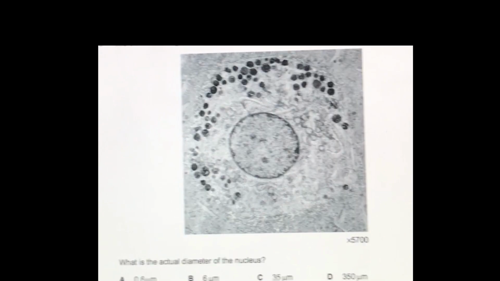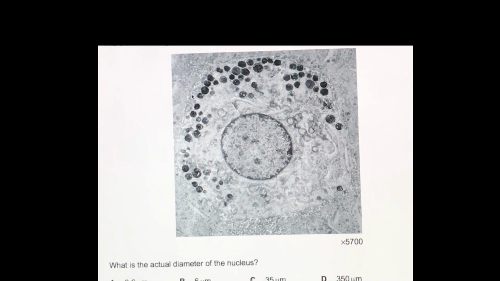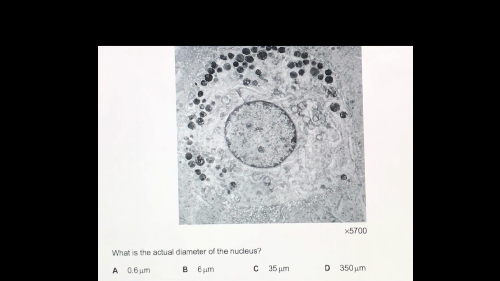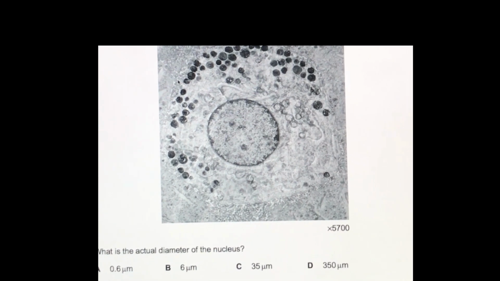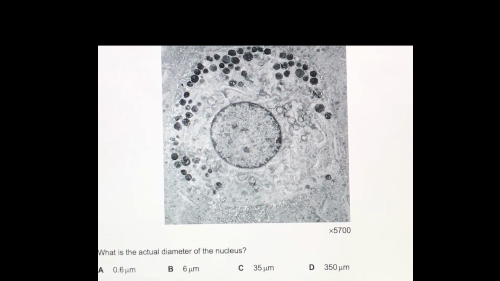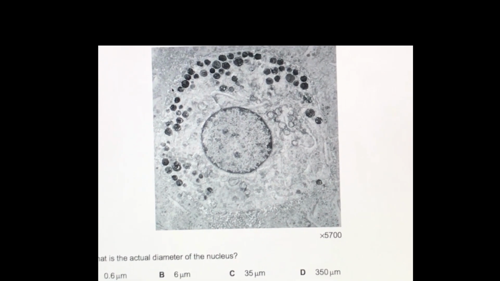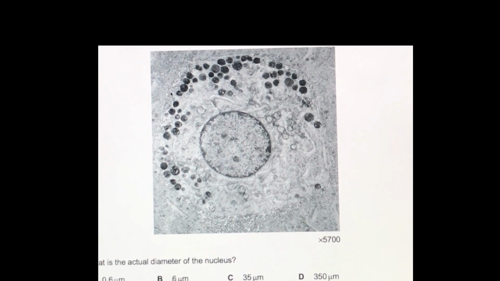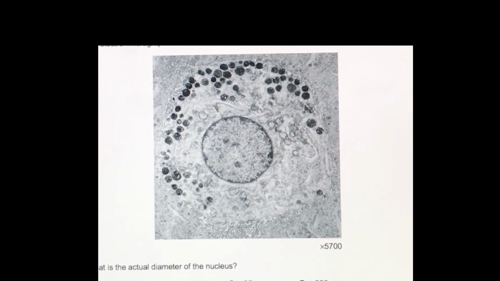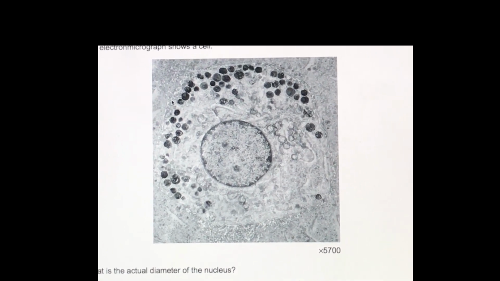Since here all the actual diameters have been given in micrometers, you must do a conversion. 1 mm is equal to 1000 micrometers. Using that conversion, you can apply the formula magnification is equal to size of image over real size, or the actual size. And since you need to find the actual diameter, you rearrange the equation to make it: actual size or actual diameter is equal to size of image divided by the magnification.